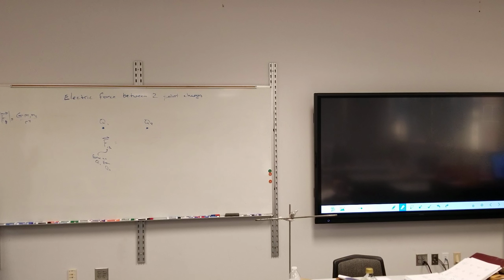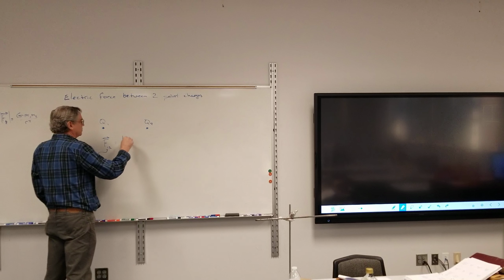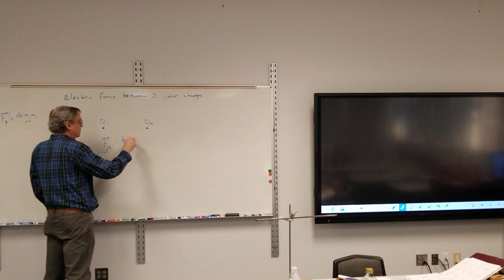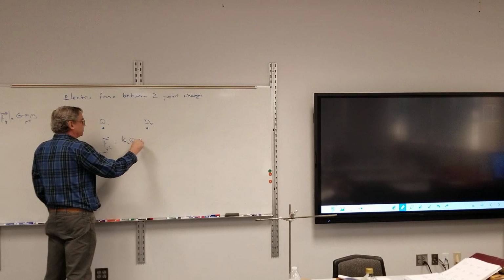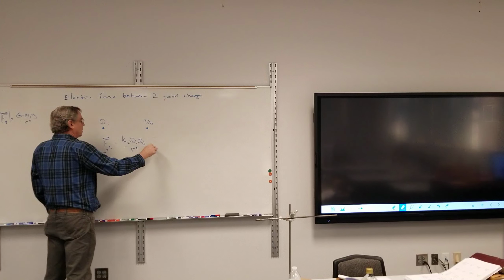It has a similar format, except obviously a different constant, because the gravitational constant doesn't go in the electric force formula. We use K sub C, which I'll change slightly in a moment, times the charges over r squared, r2 hat.